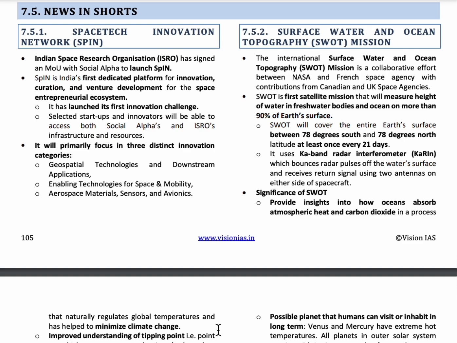The SWOT mission is a collaborative effort of NASA and the French Space Agency, along with contributions from the Canadian and UK space agencies.